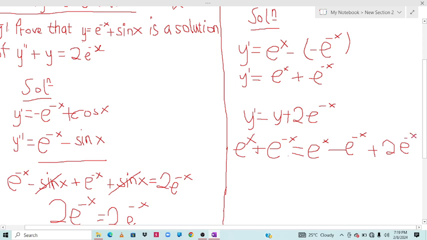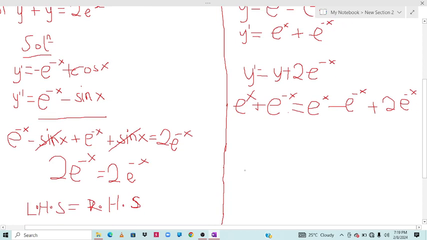So now let's rearrange. We already have e^x plus e^(-x). When e^x crosses the equal sign, we get negative e^x. And when negative e^(-x) crosses the equal sign, we get positive e^(-x).